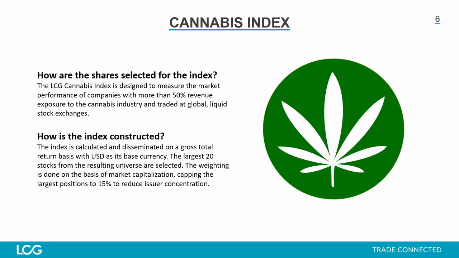To put that in perspective, there are some big multinationals, PepsiCo is always the one that strikes a chord with me, that have dipped their little toe into the cannabis industry with hemp infused drinks, for example, or at least have talked about doing so. And so obviously they, to some extent, are a cannabis share, but they have nothing close to 50% of the revenue. So this index is meant to be pure cannabis, not just more diversified blue chip companies that have mentioned cannabis in their prospectus once.